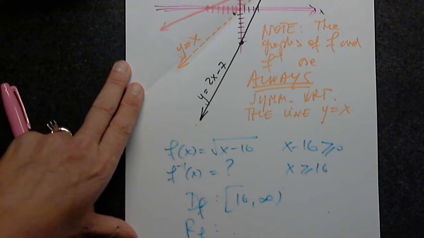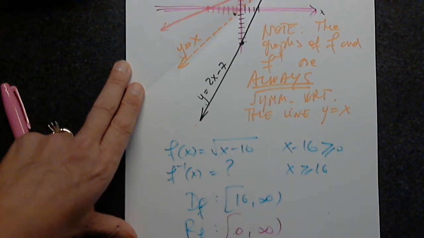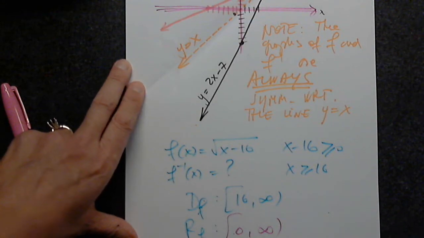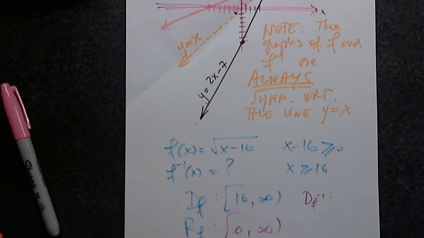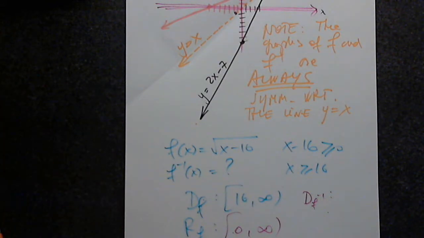What about the range? Of course, it's a square root function. No questions there. Now I would like you to give me the domain of f inverse, and you can say you haven't even found it. I don't even want to find it before I find the domain and range, because the domain and range are carved in stone for good. What will be the domain of the function that we will determine as the inverse function?